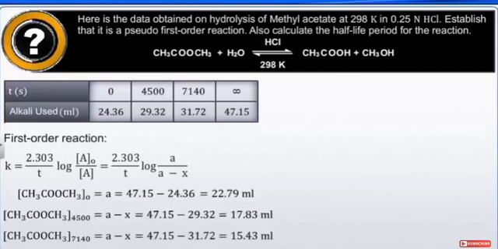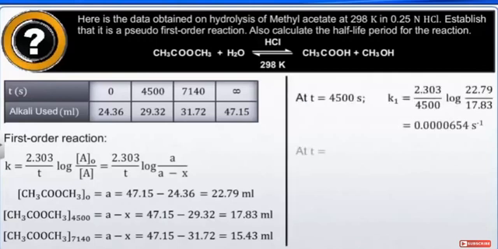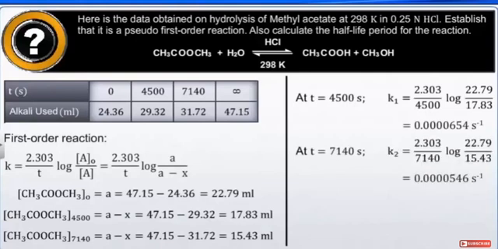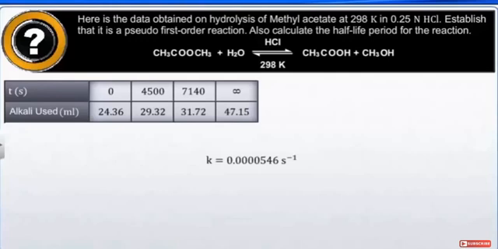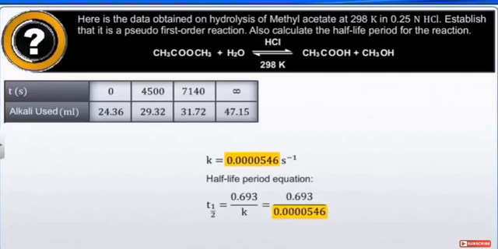Now substitute the values of a minus x, and t in the rate equation. On solving, we get the values of K fairly constant at the two different intervals of time. Hence, the reaction is of a pseudo-first order. In the next step, write the equation to calculate the half-life period. Substitute the value of K in the equation. On solving, we get t half as 12,692 seconds.